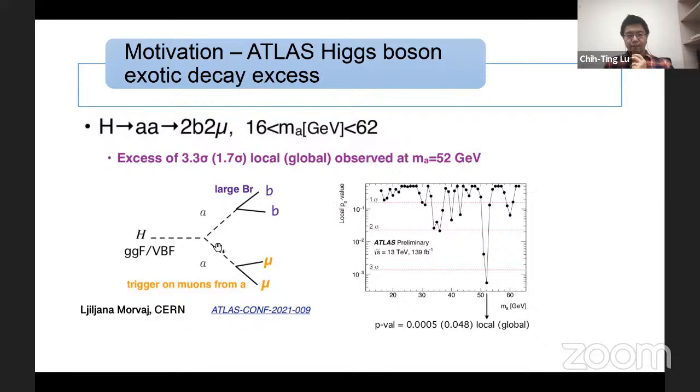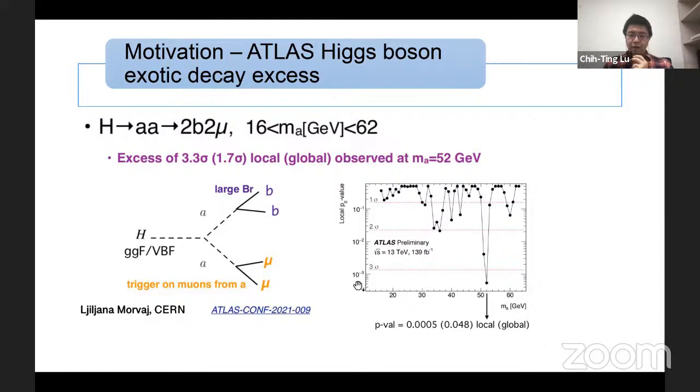Actually, this decay channel is a golden channel because in this mass range, the light a decaying to b b-bar has a large branching ratio. On the other hand, a decaying to mu plus mu minus can be a good trigger, and we can have a very clear reconstructed resonance for these a particles.